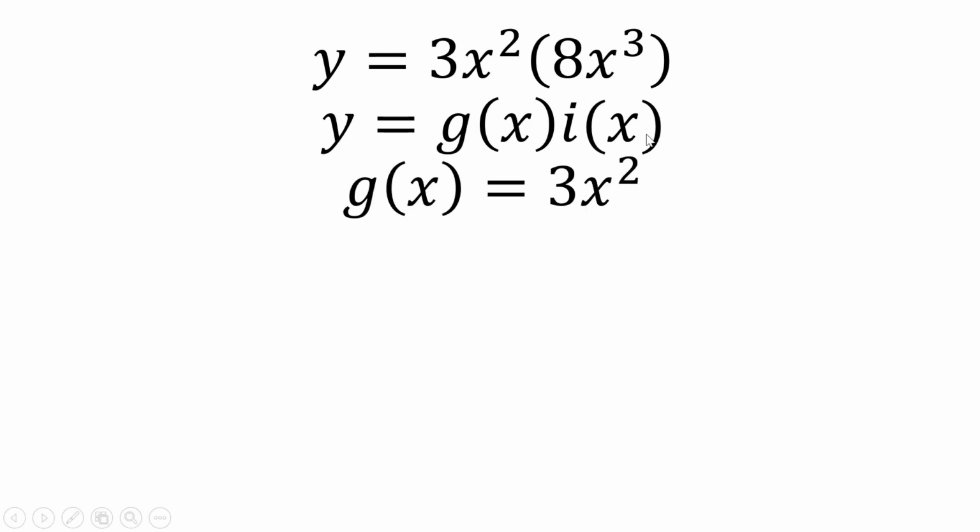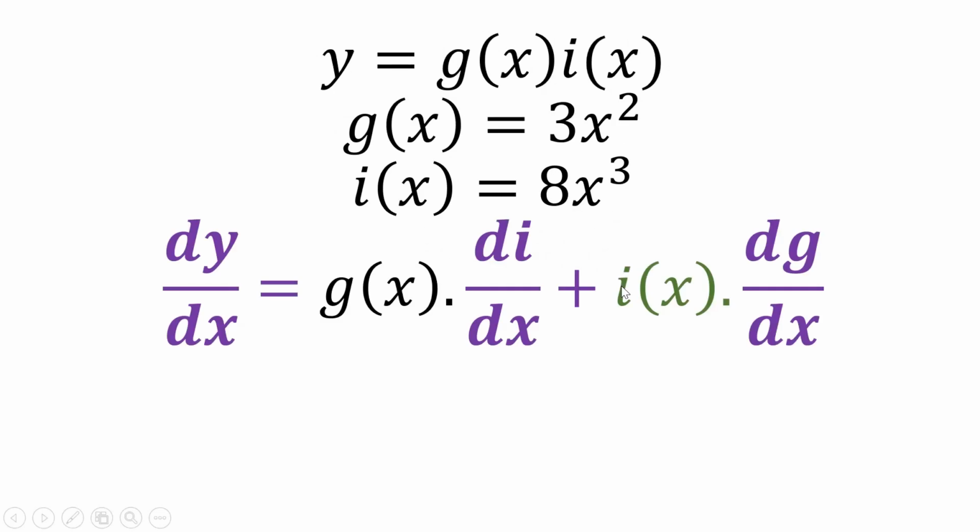So here, our j of x is 3x squared and our i of x is 8x cubed. Now, we want to apply the product rule. So, we need to do substitution here. We need the derivative of i with respect to x.